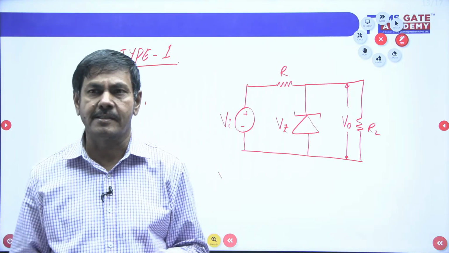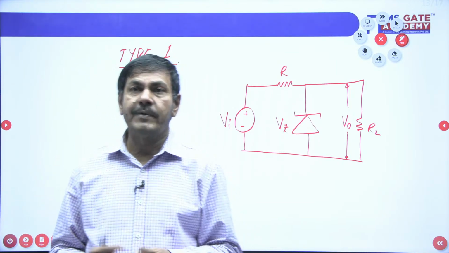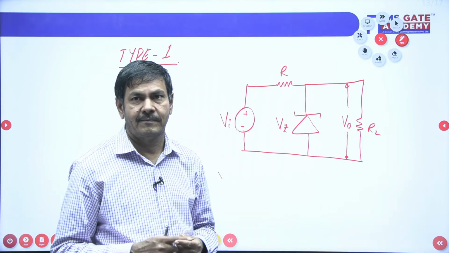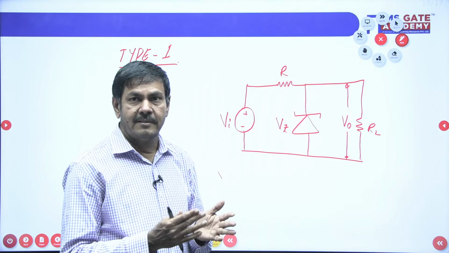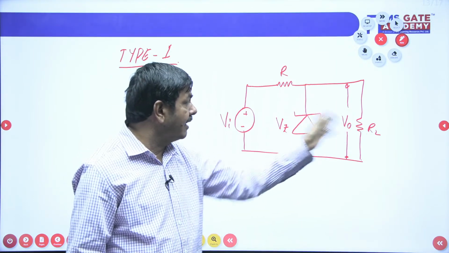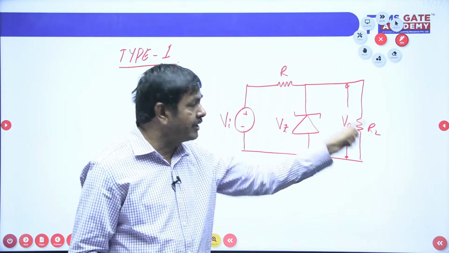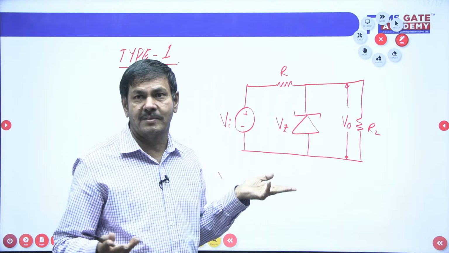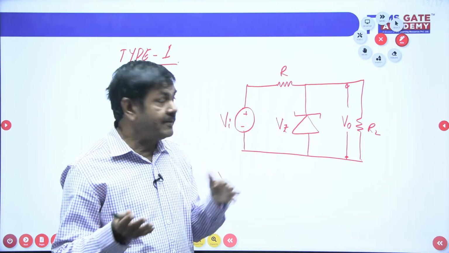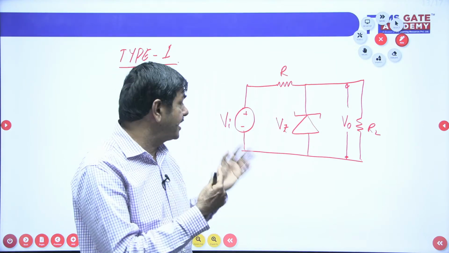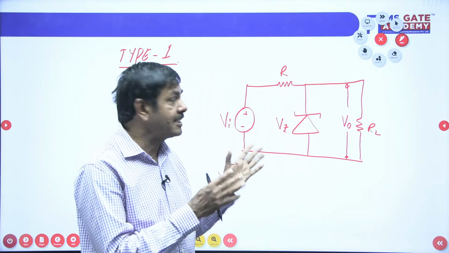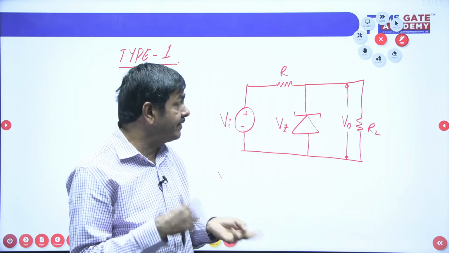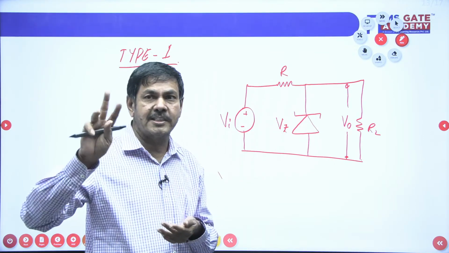The supply may be any voltage. Directly we cannot say, V naught equal to VZ. The students will say, sir, here RL and this Zener are in parallel, so V naught is always maintained at VZ. No, it's not so. Based upon the design of the circuit, based upon the given input, the currents and voltages, V naught equal to VZ is possible, otherwise V naught is not equal to VZ. Only 2 cases are possible here.